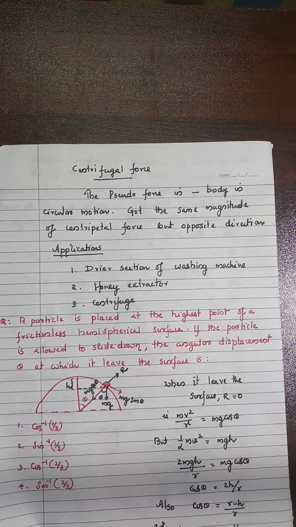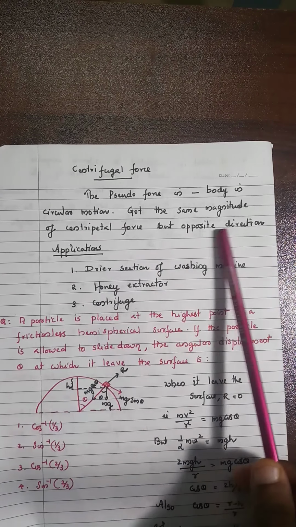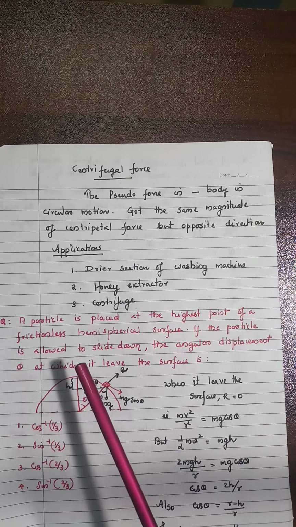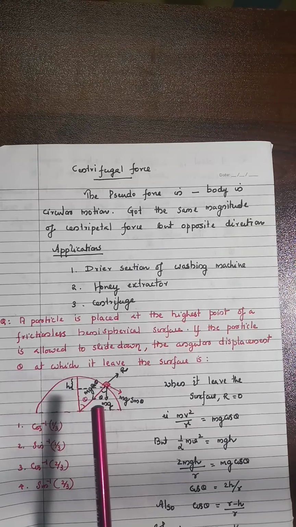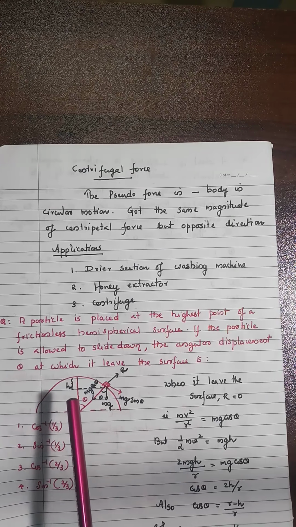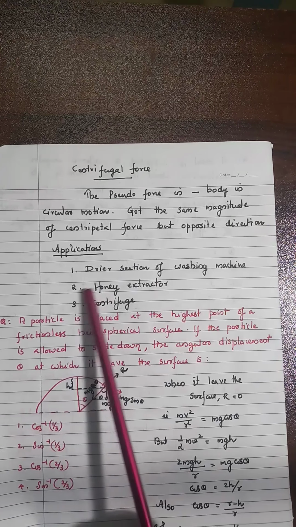Here, in place of centripetal, the term is centrifugal; it has the same magnitude as the centripetal force but the opposite direction. Keep in mind, there is a reason why, while moving in a vehicle, we are thrown outside, and it has a lot of applications.